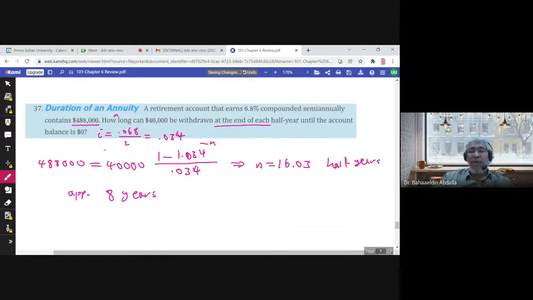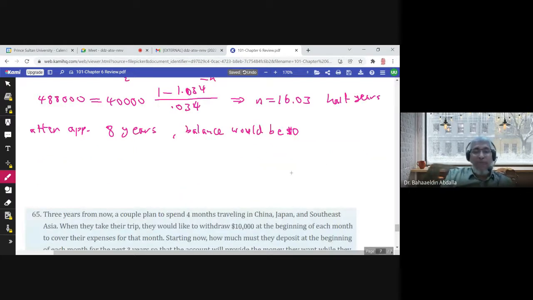After approximately 8 years, the balance would be 0. It will not be 0 exactly, less than some very few dollars, because of the 0.03.